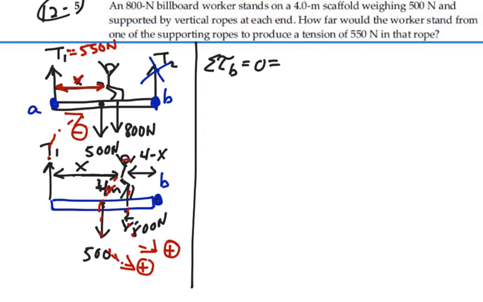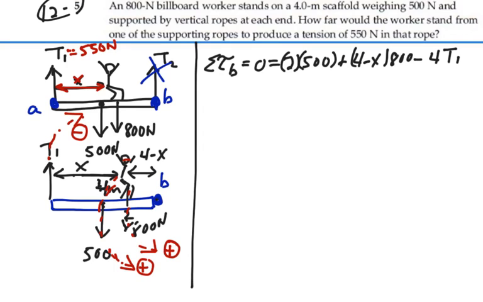And what we have is 2 meters times 500 newtons plus 4 minus x meters times 800 newtons minus 4 times T1, which is actually 550 newtons.